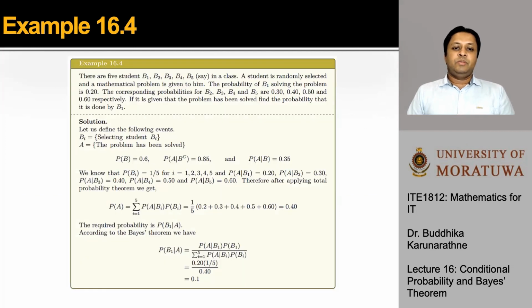It will convert into P(A given B1) times P(B1), divided by the summation of P(A given Bi) times P(Bi). Now you have calculated all the required components to substitute in this equation, and you will ultimately get the value as 0.1 for P(B1 given A). So this is how you apply Bayes' theorem to solve a probability problem involving conditional probabilities.